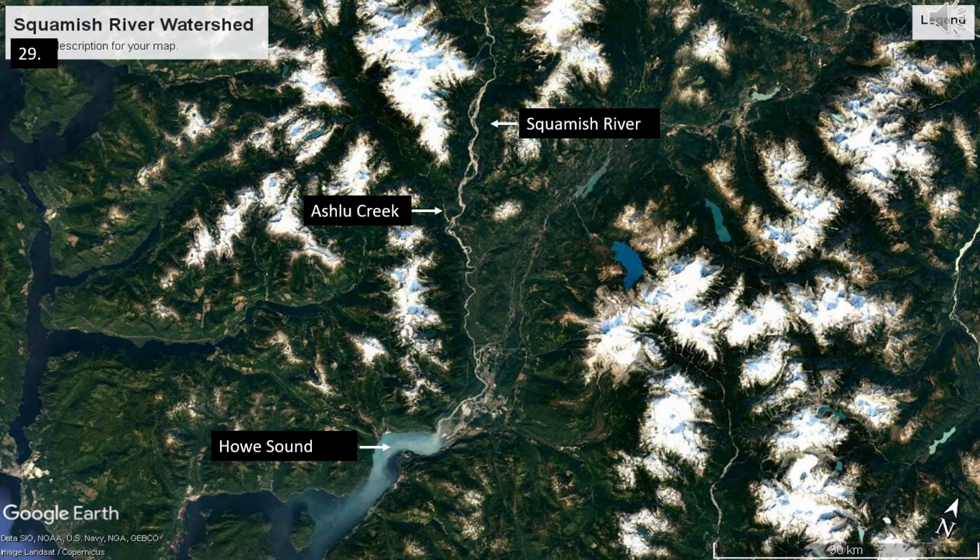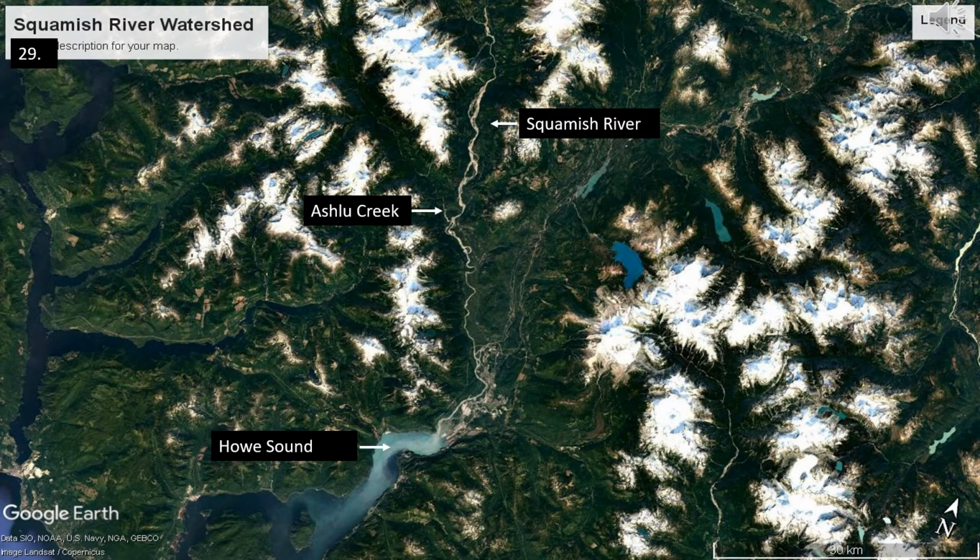The difference is it doesn't have a lake downstream as the Upper Pitt example. It has Howe Sound, which is just part of that big blue sea. This is pink salmon country, just like Upper Pitt was sockeye salmon country because of the presence of the lake.